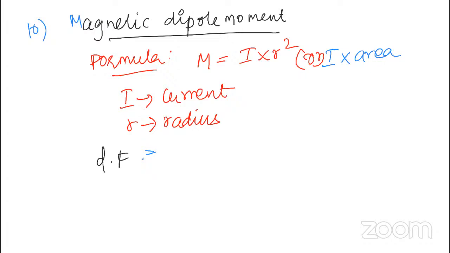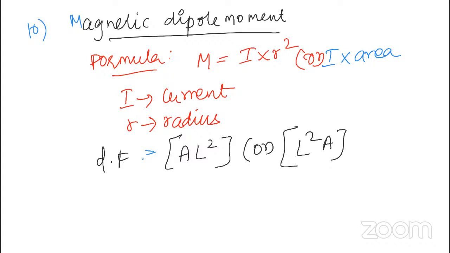I into R square. For I it is A, and for area it is L square. Or L square A. Okay, very good.